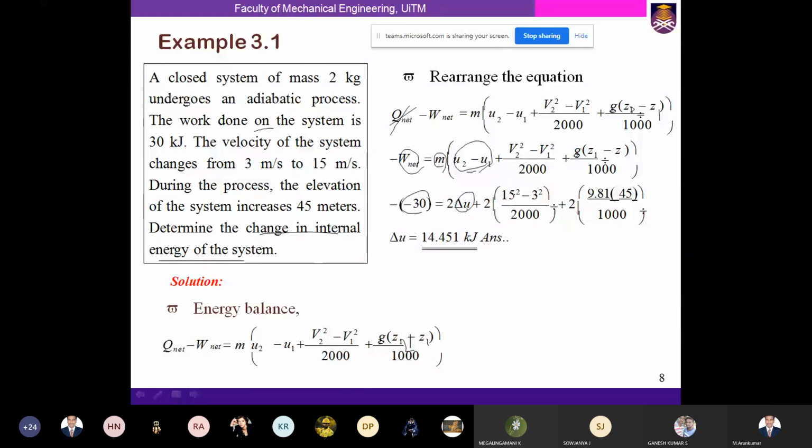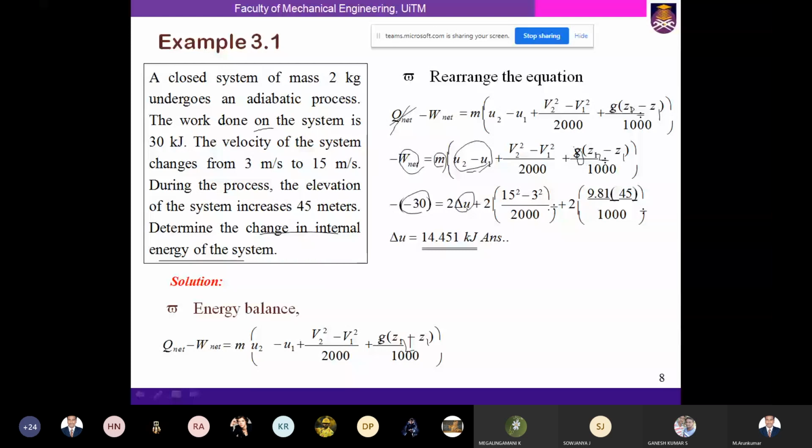So we know the values for V2, 15 meters per second. We know the values for V1, 3 meters per second. Then we know the value for elevation, that is 45 meters. So that should be multiplied with the G. You know the G value is constant, acceleration due to gravity G 9.81.